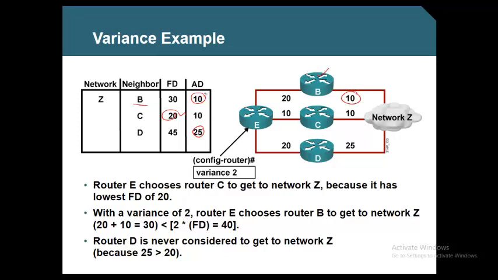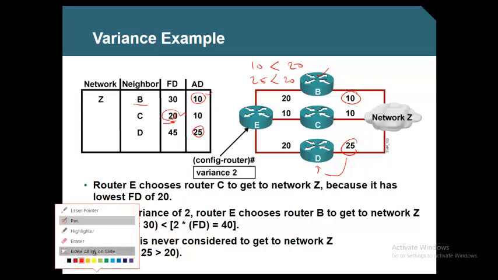So do we have a feasible successor to reach Z? Which one? So only B will be there in the topology table, not D. So there is no point of increasing the variance more than 2.